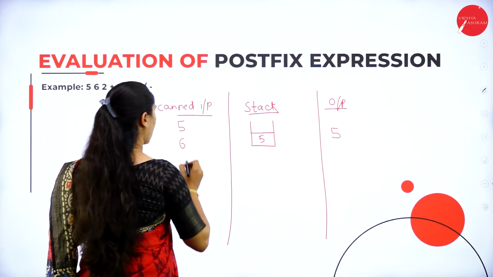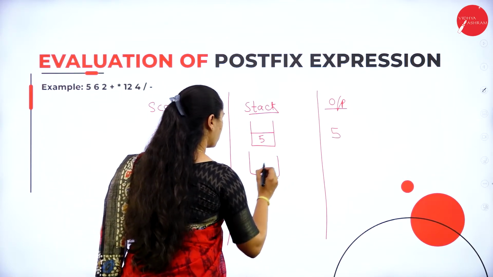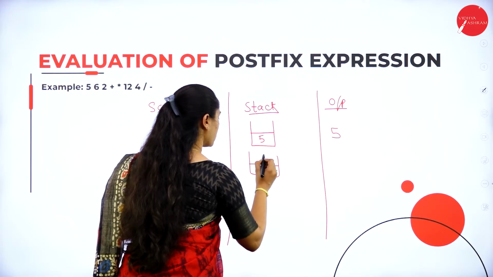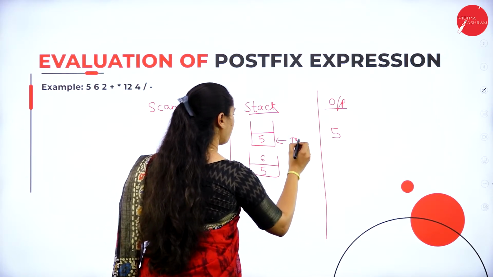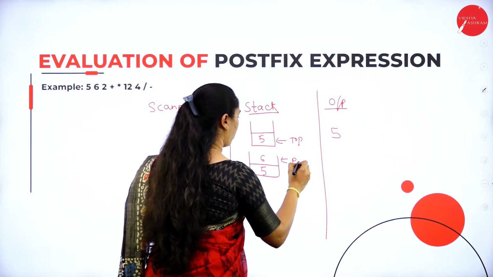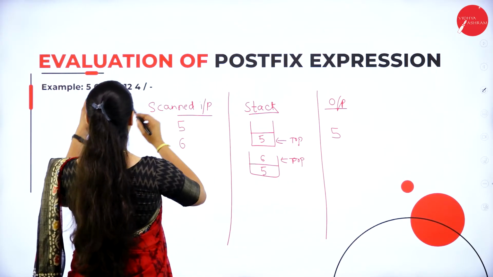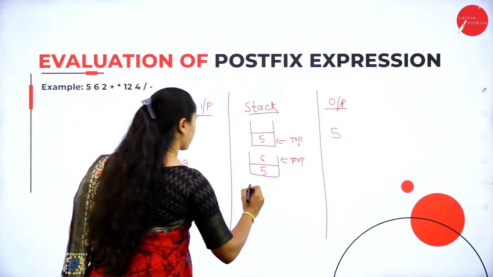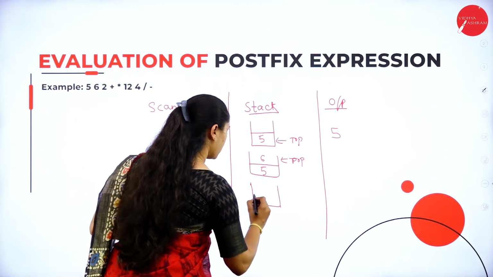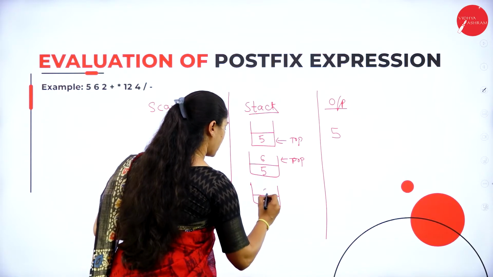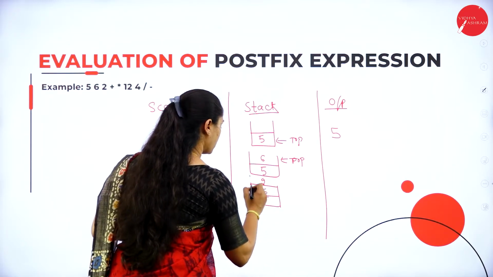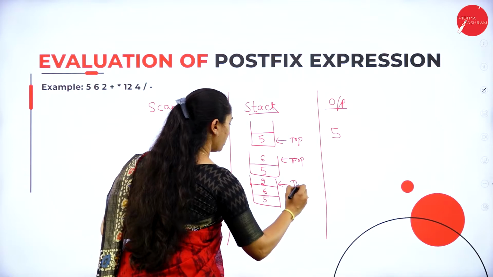Then I have a 6 as an operand that needs to be pushed to the stack. Now this is the top of the stack. Next, I have 2. That also needs to be pushed into the stack. So now this 2 becomes the top of the stack.